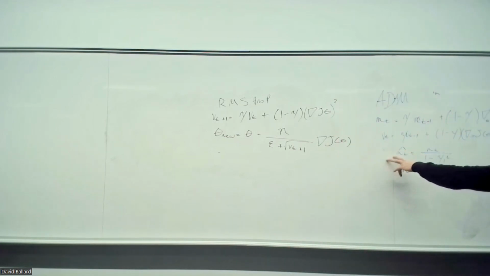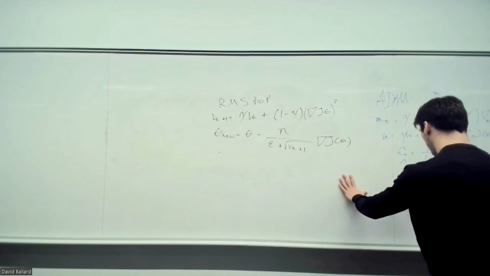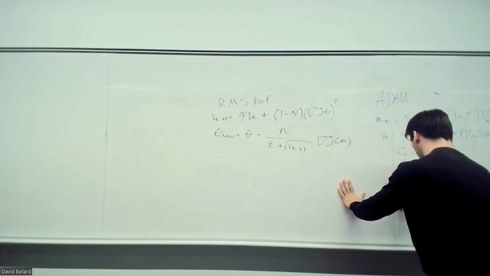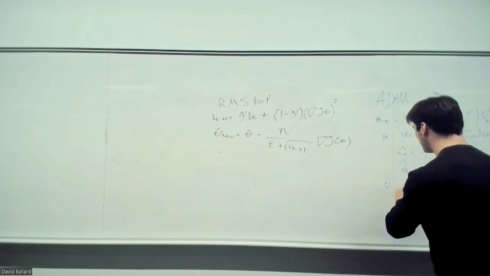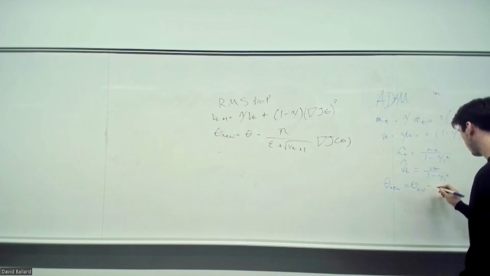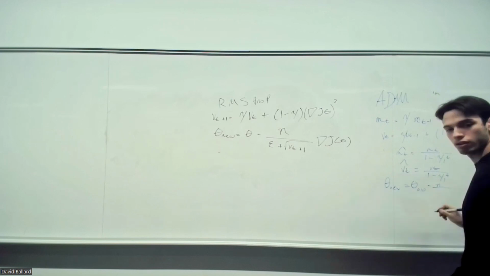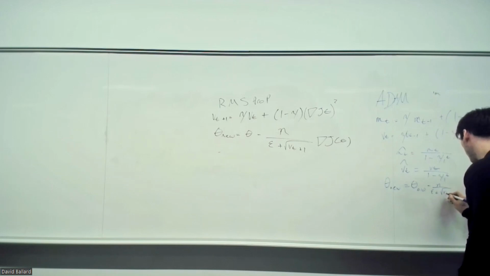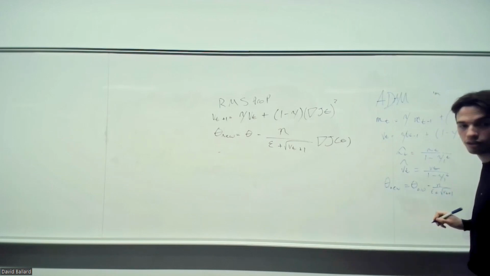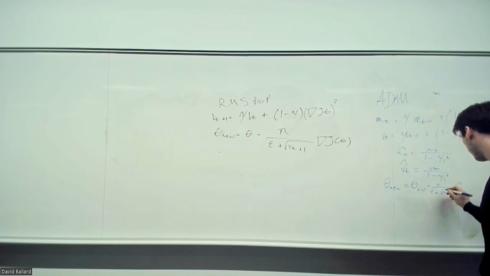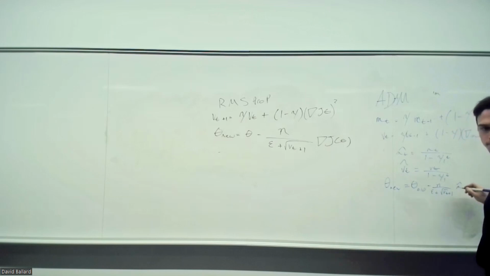I'm computing these m hat of t and v hat of t, so I can write my last line: theta new is equal to theta old minus eta over epsilon plus root v hat of t, times m hat of t.